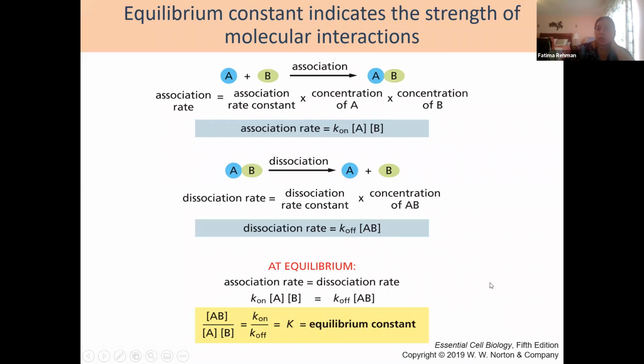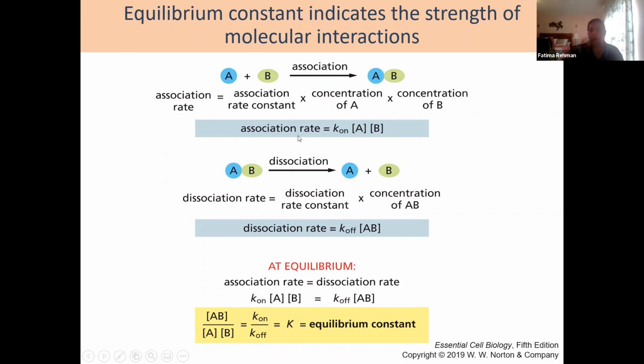Here, let's look at that a little bit more in detail. You have your two reactants in this case that are going to combine together to make our product. The association rate is going to be dependent upon an association rate constant, which you will know from reactions and from enzyme kinetics. It will also depend on the concentration of each one of the reactants present.